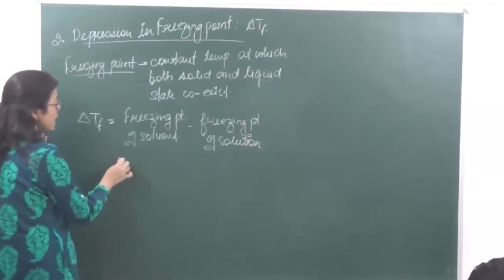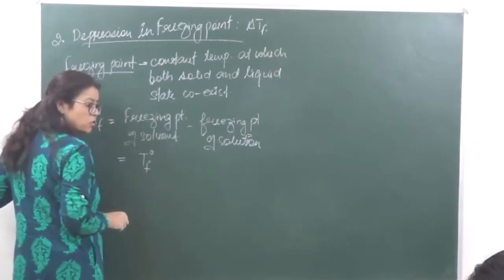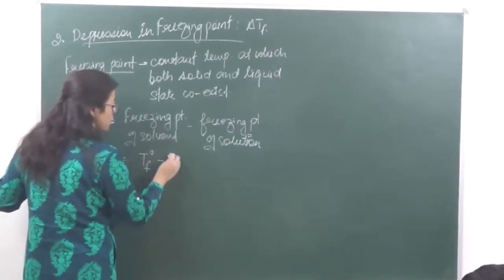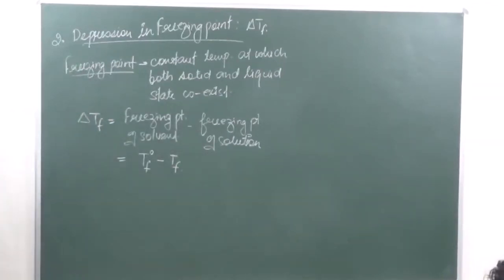So we can write it as the freezing point of the pure solvent, Tf naught, minus the freezing point of the solution, Tf. So this is what delta Tf is going to be.